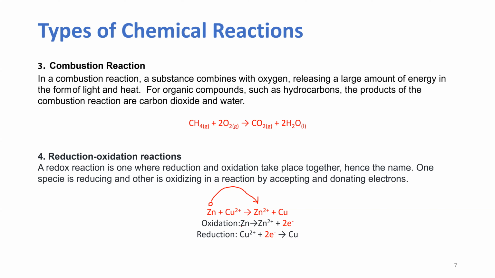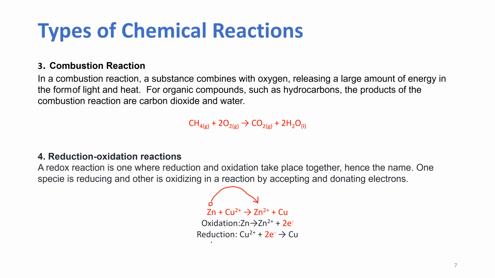The species which is donating the electron gets oxidized, so this is the oxidation reaction, right? One species is reducing and another is oxidizing, by accepting and donating electrons respectively. Zinc 0 is removing the electron and converting into zinc plus 2, so it has oxidized.